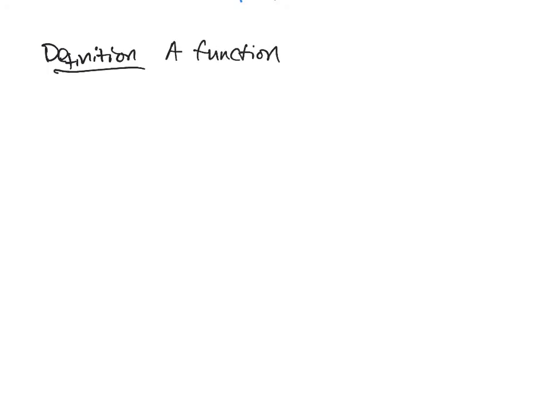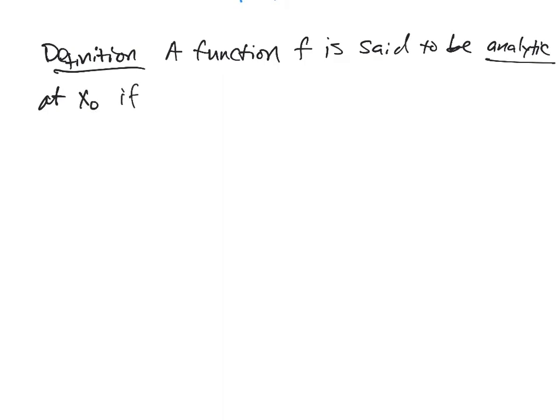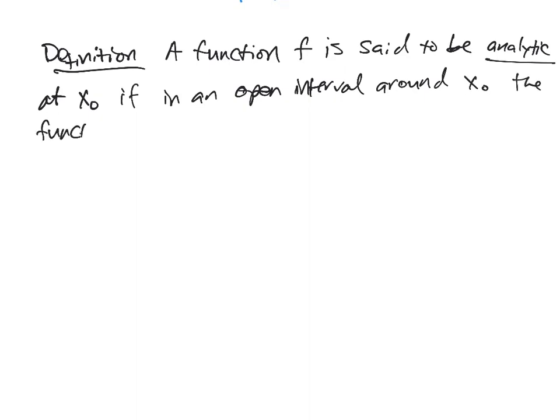A function f is said to be analytic at x naught, at a particular point, if in an open interval around x naught, the function is a power series.